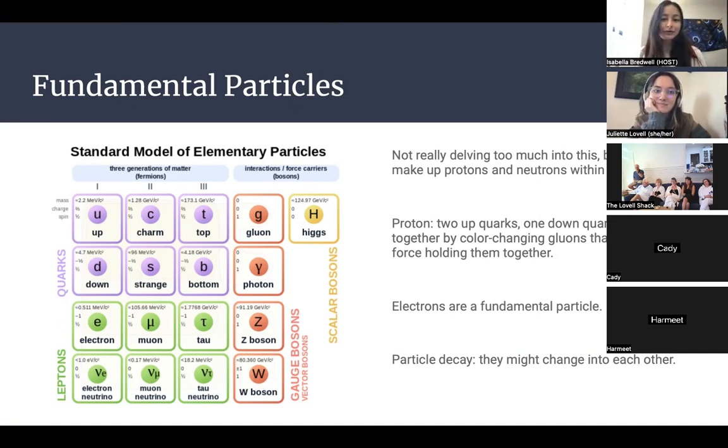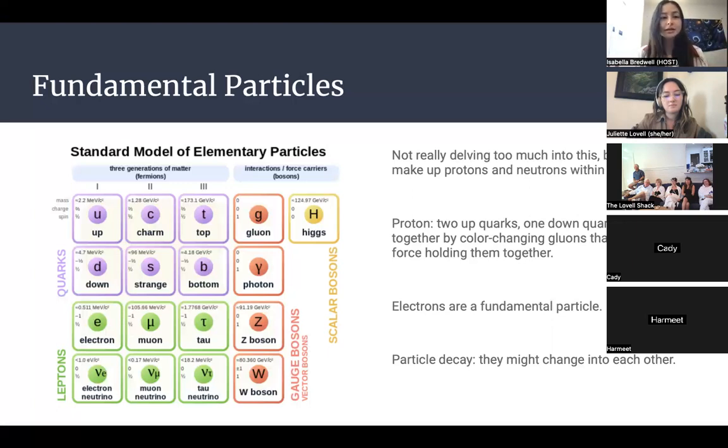That's more particle physics, but I just wanted to make clear that protons and neutrons are technically made up of even smaller things. This is what modern particle physics is about, like discovering the Higgs boson particle. Those are all elementary particles. Quarks, essentially up quarks and down quarks, are the main components of pretty much everything that you see.